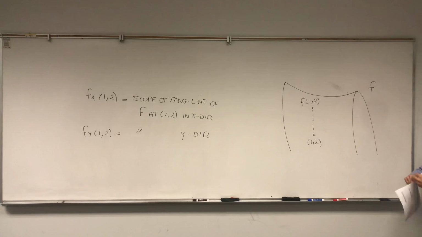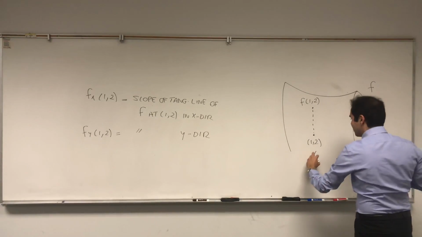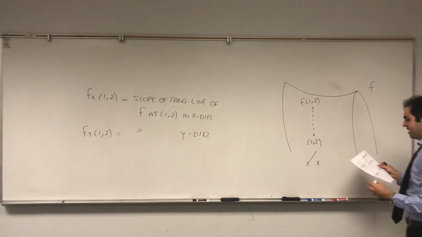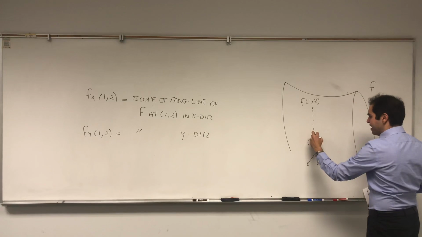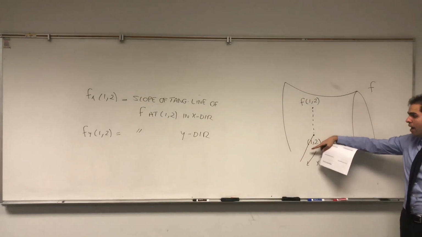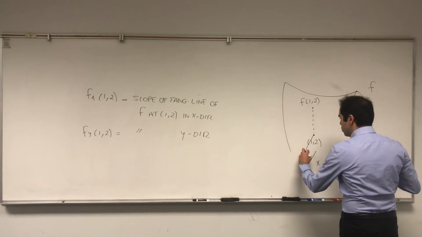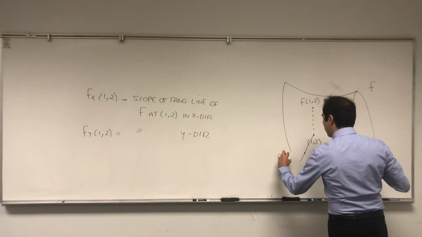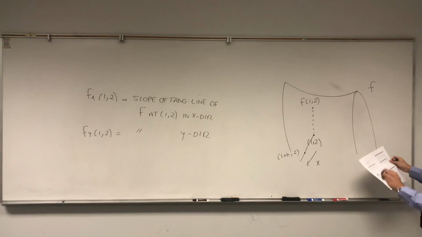As I said, f_x is the slope of the tangent line in the x direction, so kind of like here. And what this means, more precisely, is you start at the point (1, 2) and go a little bit forward in the x direction to get some point (1 plus h, 2), where h is very small.